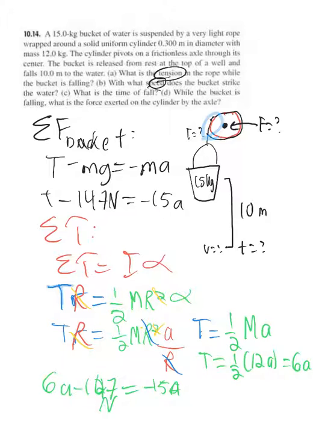Bring it to the other side, you get negative 147 newtons equals negative 21A. A is going to equal 7 meters per second squared. We're going to use that information on the next screen to come up with what the rest of our values are going to be.